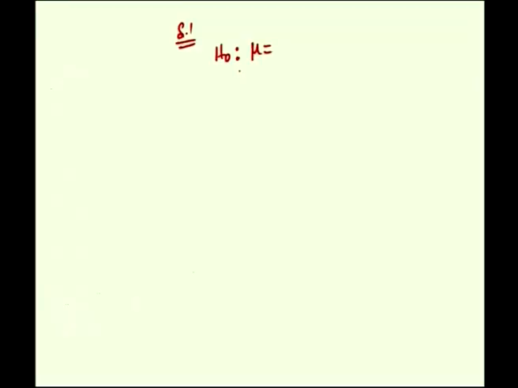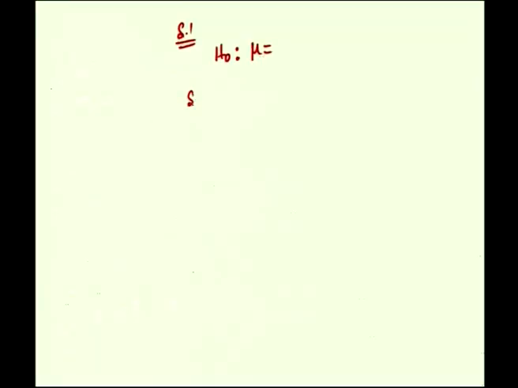First, step 1, setting up H naught: fix up the mu value and write it down. It is like mentioning that the sample has been taken only from the population whose mean is given by the value in H naught.